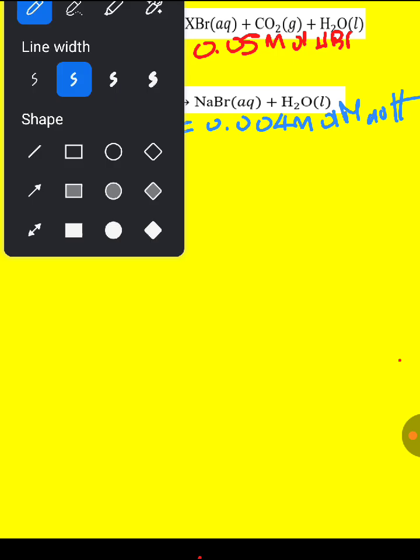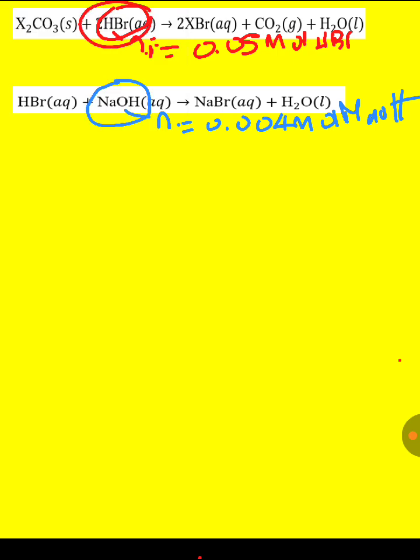For the initial number of moles we got this, and we also got the number of moles of NaOH, which is that. Now I'm going to use a ratio to get the number of moles of HBr.